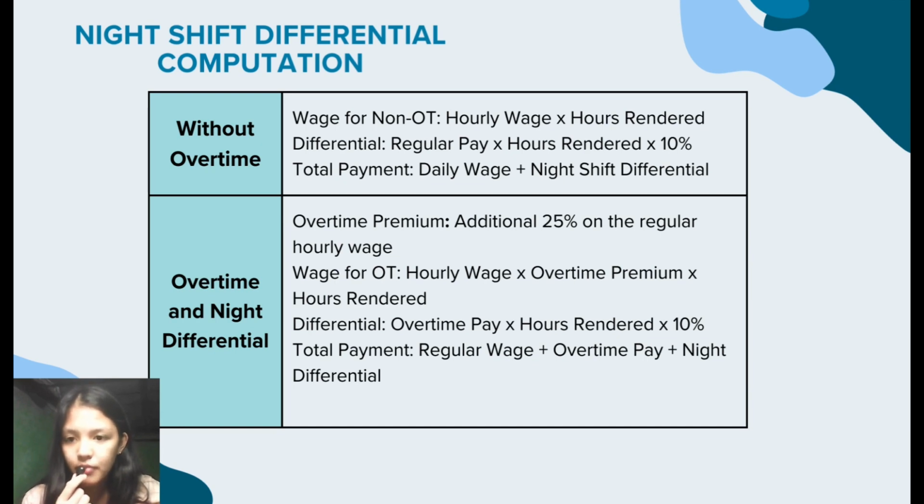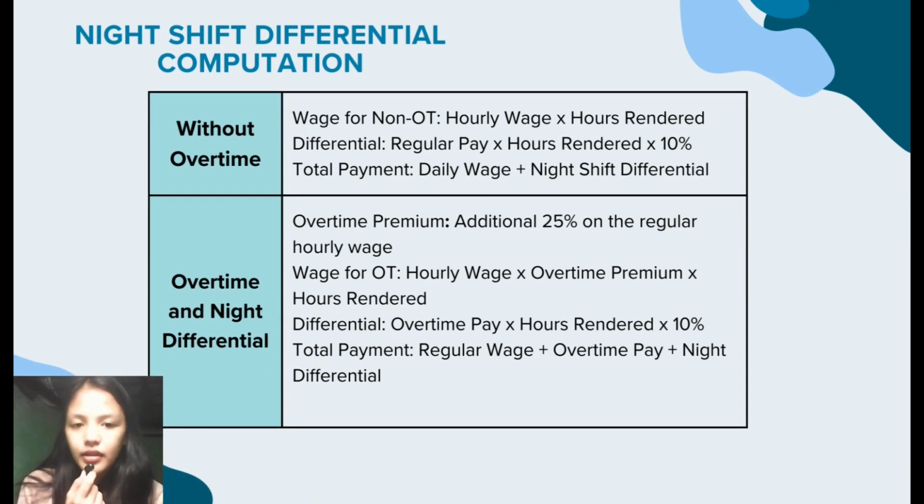So first, we have to compute the regular wage, which is computed by multiplying the hourly wage by the hours rendered, and the differential rate is computed by multiplying the regular pay by the hours rendered times 10%. So the total payment should be daily wage plus night shift differential.